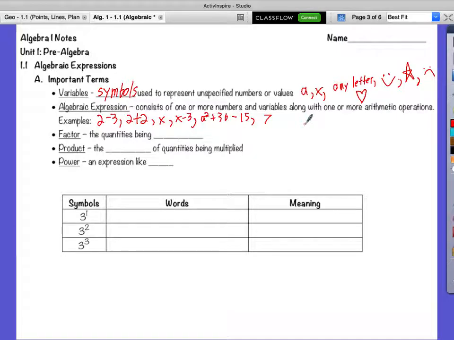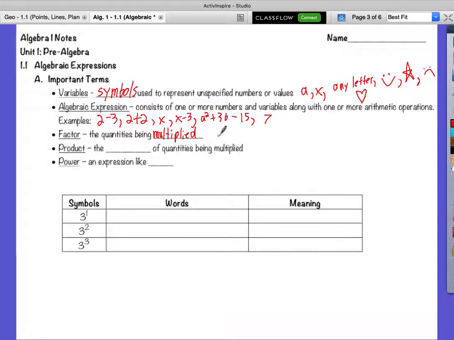A factor. Factor is the quantity being, what operation does that deal with? Multiplying. So it's a factor being multiplied. A product then, that's what you get when you multiply things together, right?